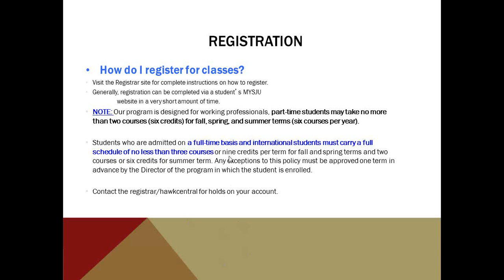The only exceptions to students who are part-time students taking more than 2 courses per semester must be approved 1 term in advance by the director of the program in which a student is enrolled. And it's important to note that I have had students who may believe that it's a possibility for them to take more than 2 classes.